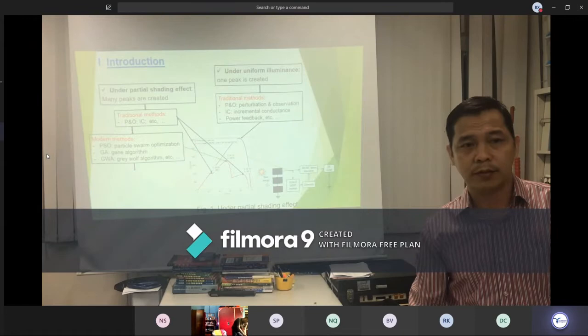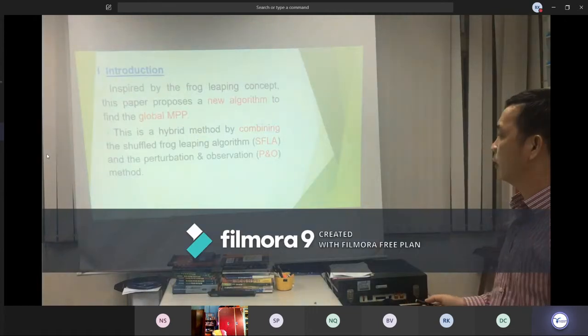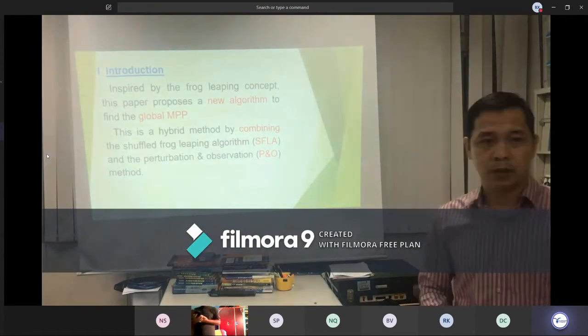In fact, we propose a new algorithm to find the global MPP. This is a hybrid method combining the shuffled frog leaping algorithm, SFLA, and the P&O method.